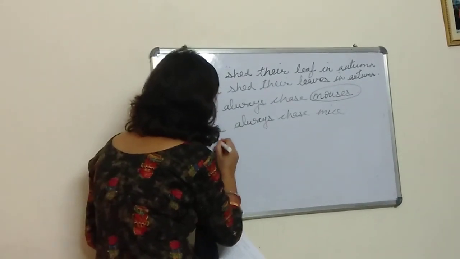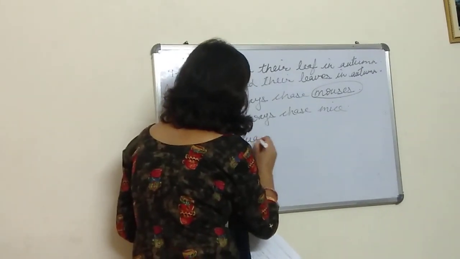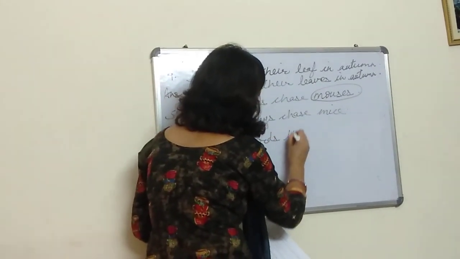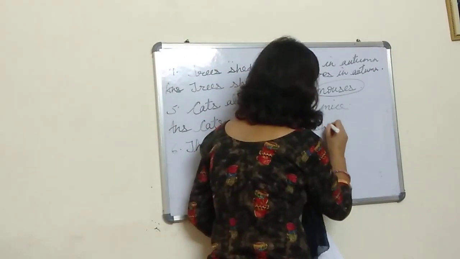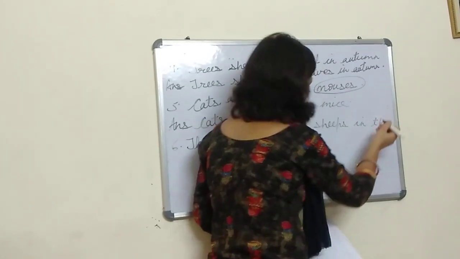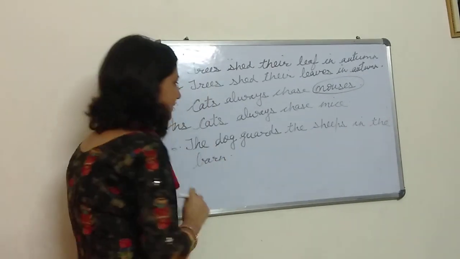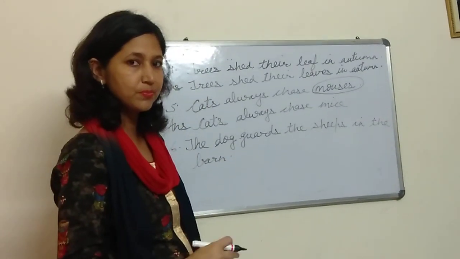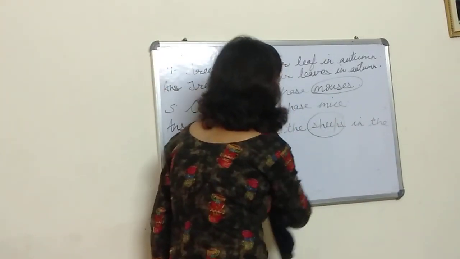The dog guards the sheep in the barn. B-A-R-N. So what is wrong? Which plural is wrong, children?